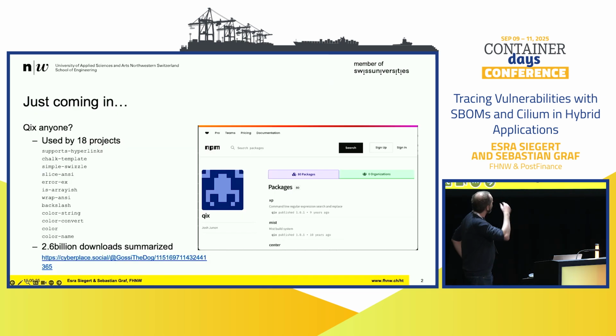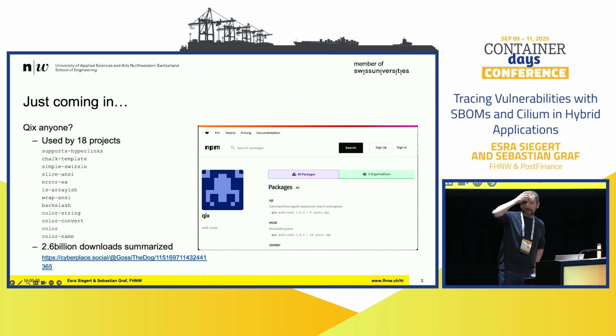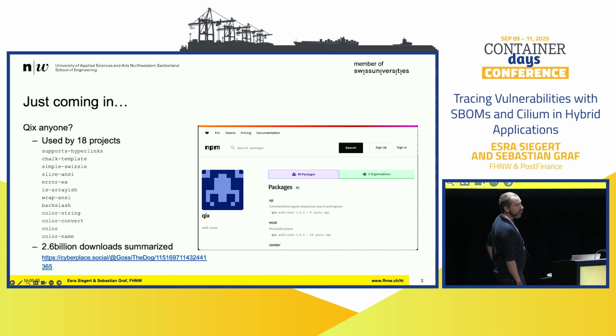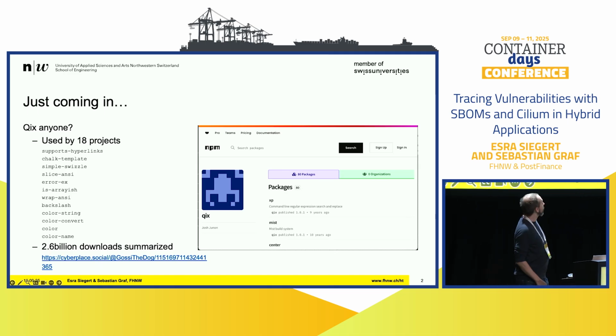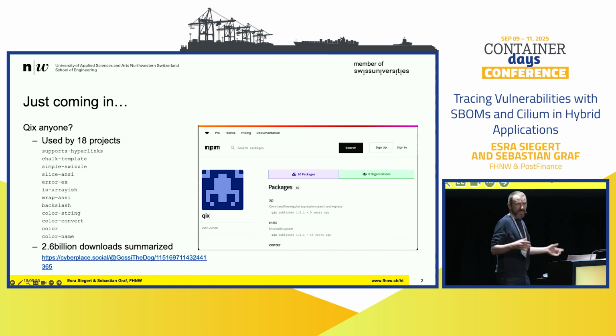So, when I was sliding through the slides yesterday afternoon after the beer, I saw that there is just a new vulnerability coming up. For those of you who are eager to program with Node.js, I don't think there is a CVE listing yet available. Used by 18 projects, the lib is called QEX.